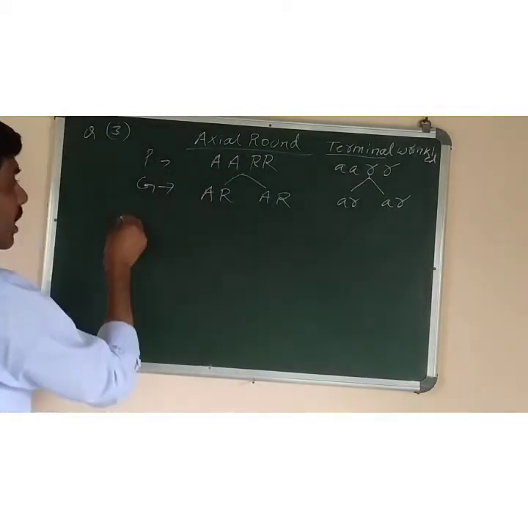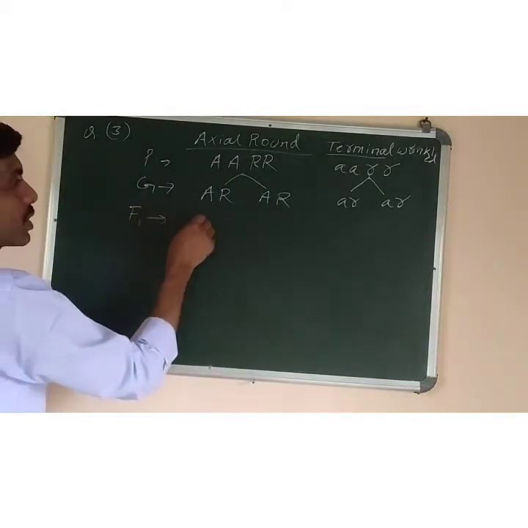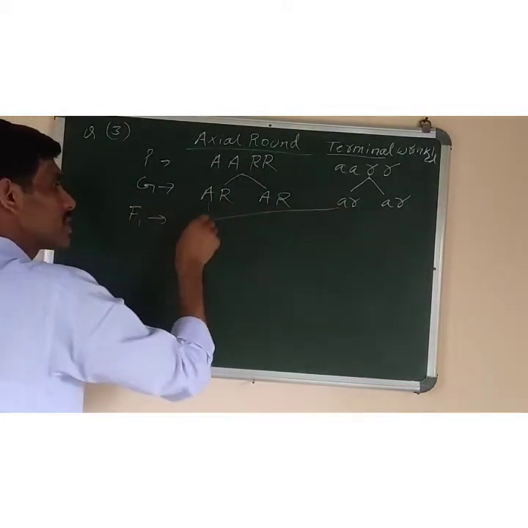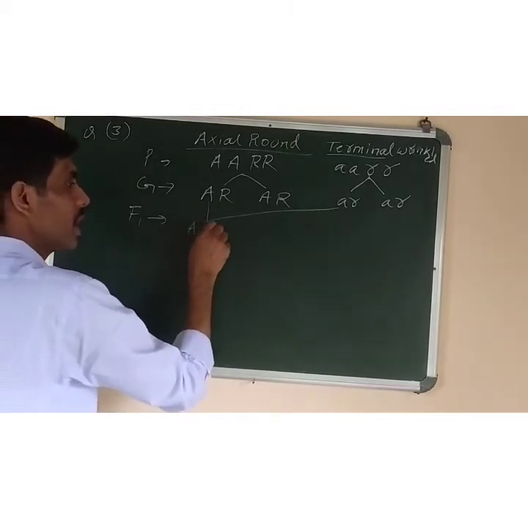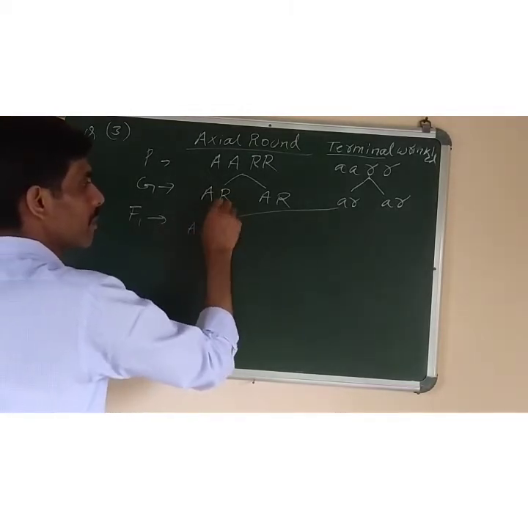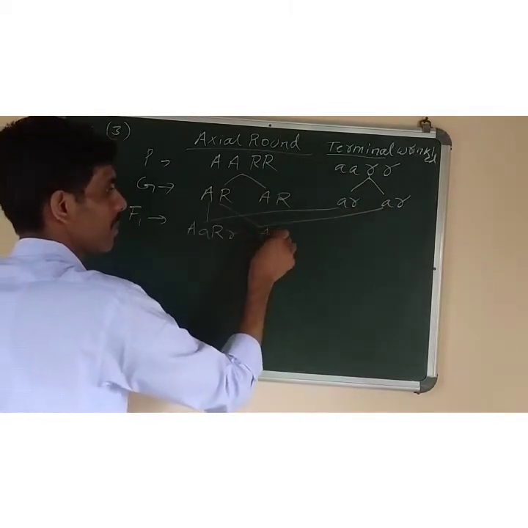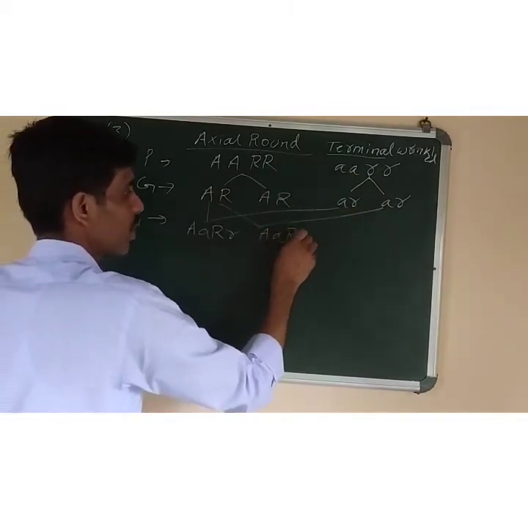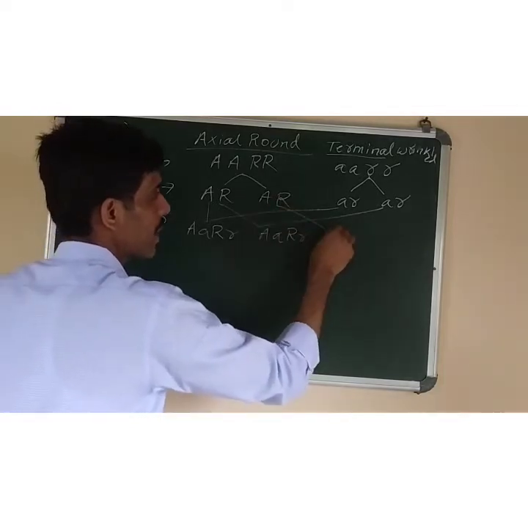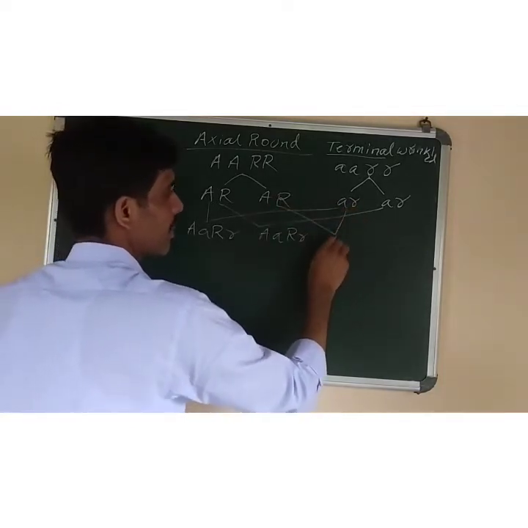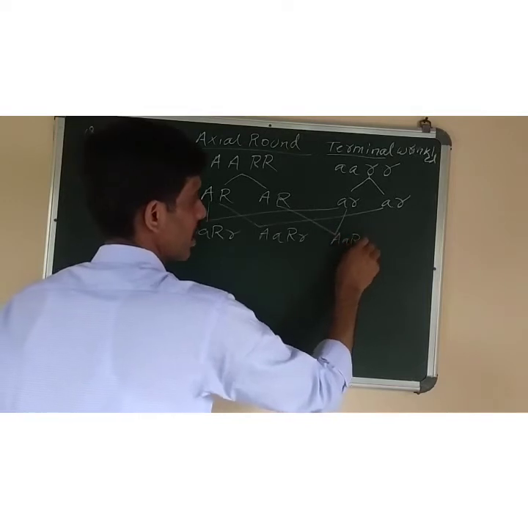Okay. Then the combination of gametes in the F1 generation is shown. All the four combinations are there. That is capital A, capital R, small r. First one with the second one: capital A, small a, capital R, small r. Then the second gamete with the first one: capital A, small a, capital R, small r.